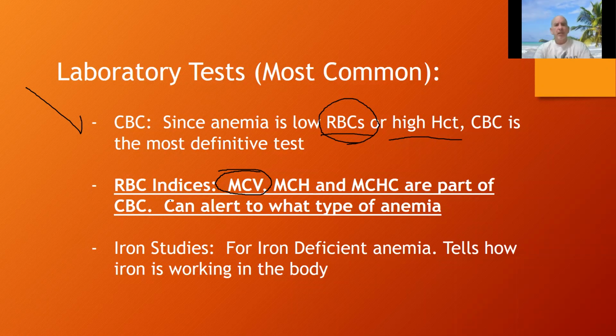So other indicators are, and we talked about these in the other labs, the mean corpuscular volume. V means volume. And mean corpuscular hemoglobin. This is the number of those little hemoglobin molecules that are on the red blood cells.